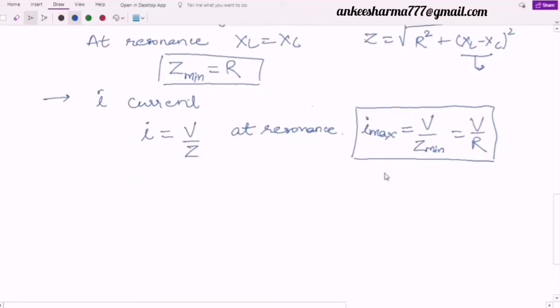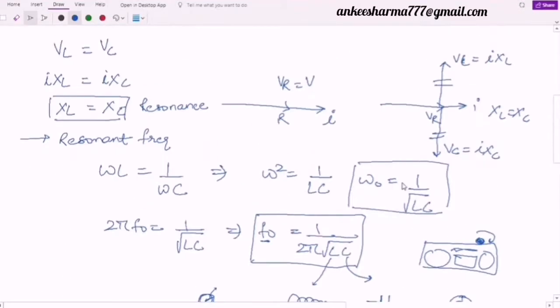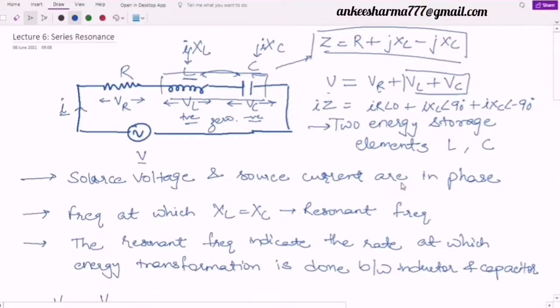Now, one more thing: if I talk about the voltage, this source voltage, I will write it as simply V because I have used V. So if I talk about this source voltage at resonance, just look here, if the impedances provided by these two are equal to 0, can I say the voltage provided by these two will also be equal to 0?